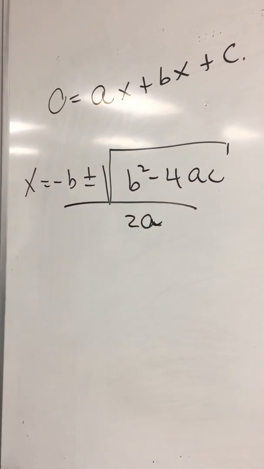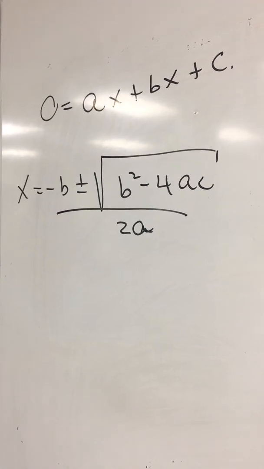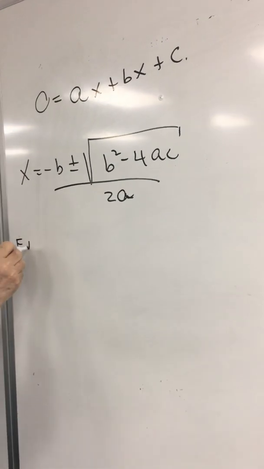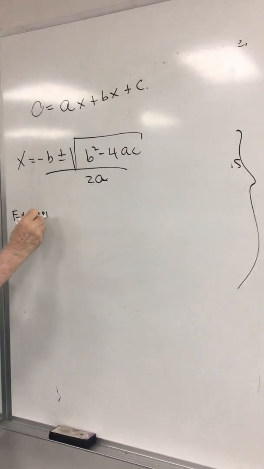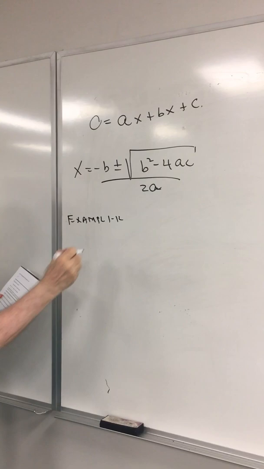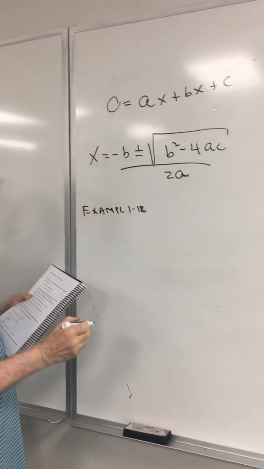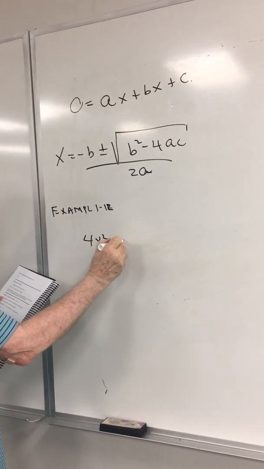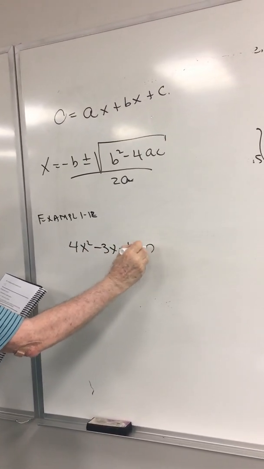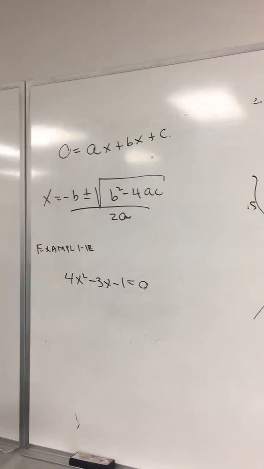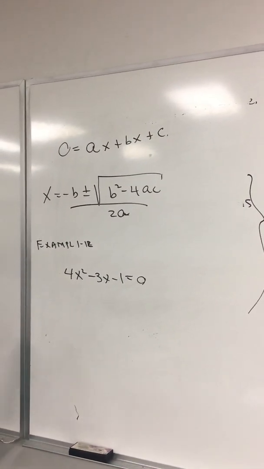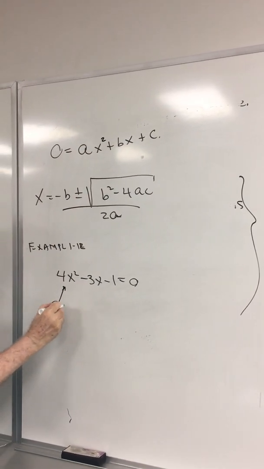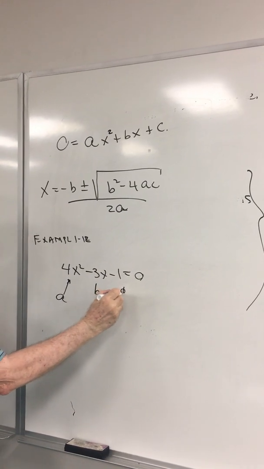So we have an equation here that we need to solve, example 1-12, and it says 4x squared minus 3x minus 1 equals 0. In this problem, the value of a is the number in front of the squared term. So that's a, that's b, and that's c.